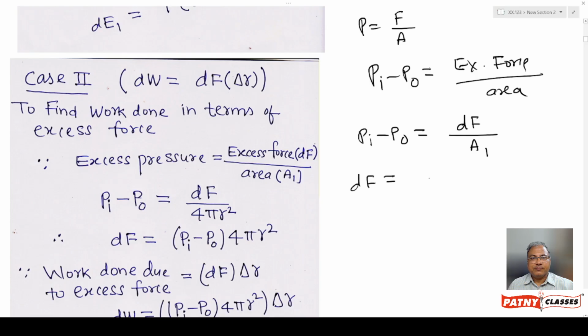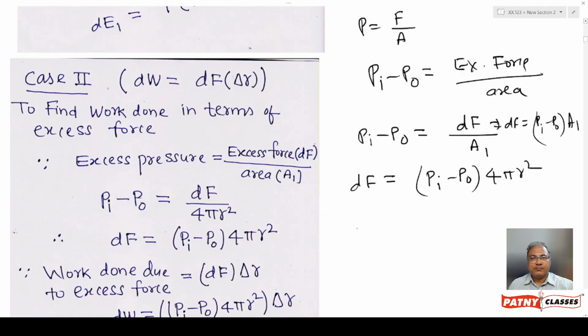Therefore dF equals Pi minus P naught multiplied by A1. A1 is nothing but 4 pi r square. Therefore we get dF equals Pi minus P naught multiplied by 4 pi r square.